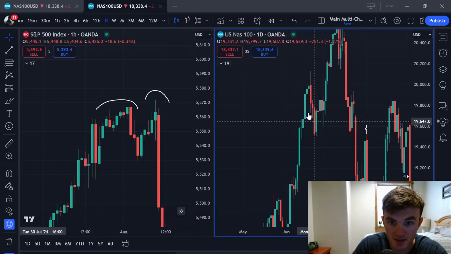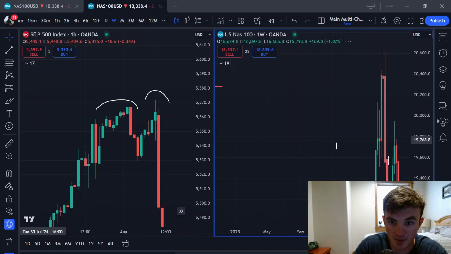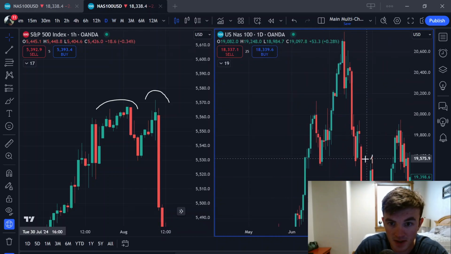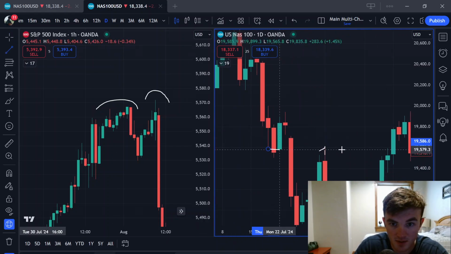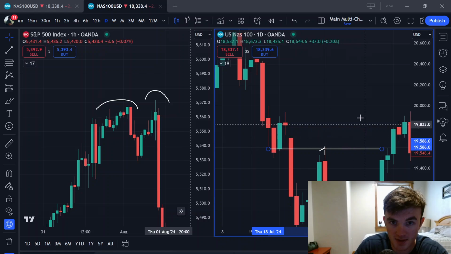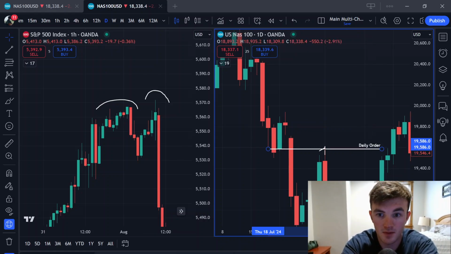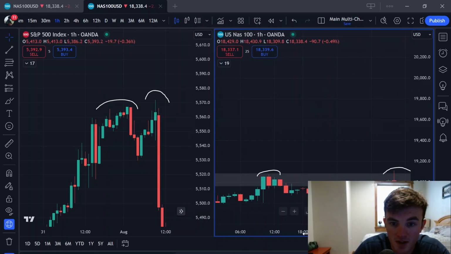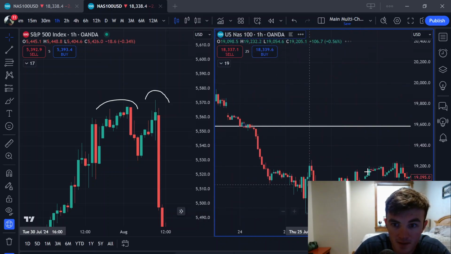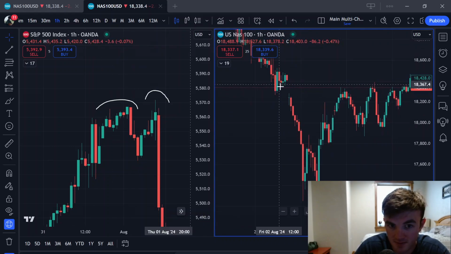You had this, this essentially is like a weekly order block, I guess. This is the order block right here. Boom. So this is a daily order block. Then what happens after? Price dumps.